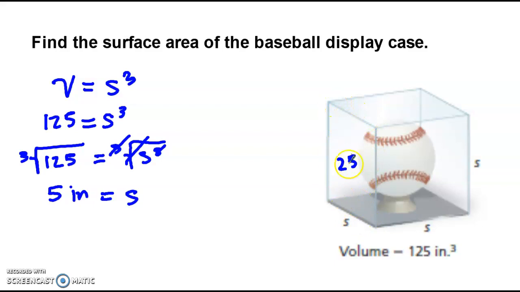The area of each face is 25. How many faces does a cube have? Good, 6. So if you just do 25 times 6, you're going to get your answer. So 25 times 6 is going to give you 150 square inches.